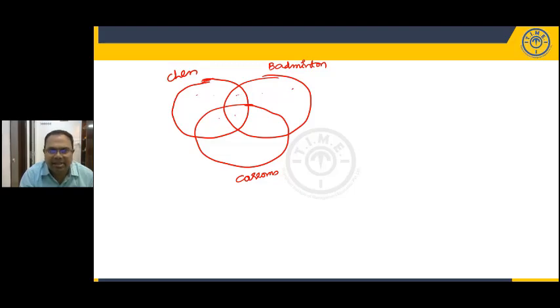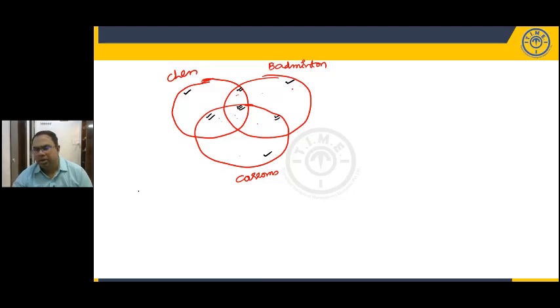This region is only badminton. Caroms, what is this region? Only caroms. So I'll put a tick mark. Those who like only one game: only chess, only badminton, only caroms. This is what? Those who like two games: chess and badminton, only chess and caroms. This is all three games.